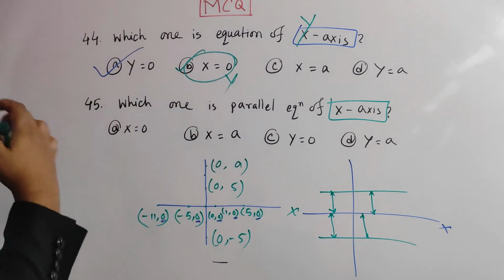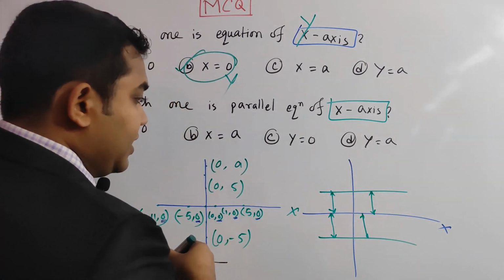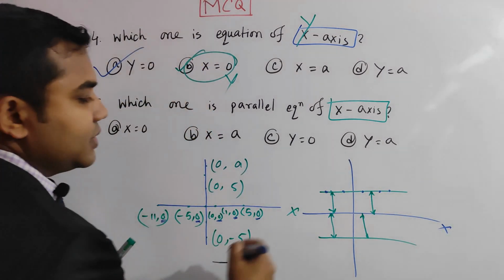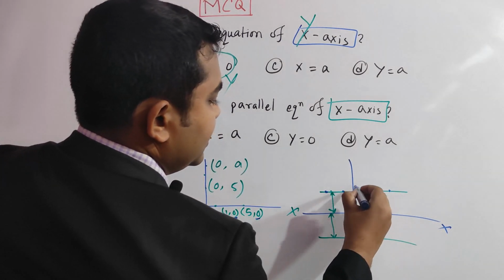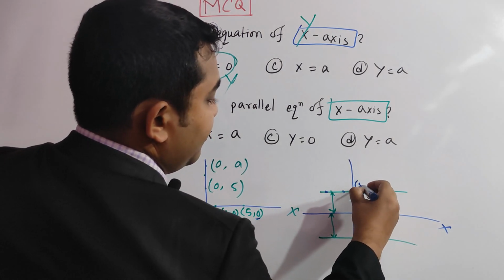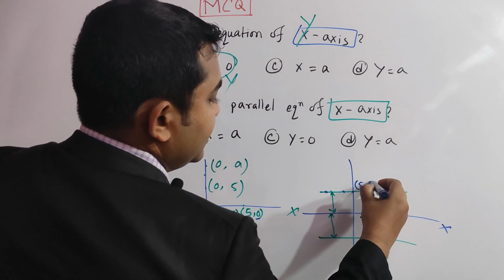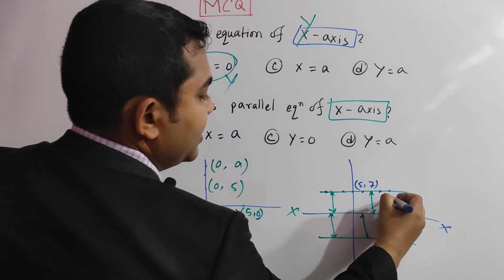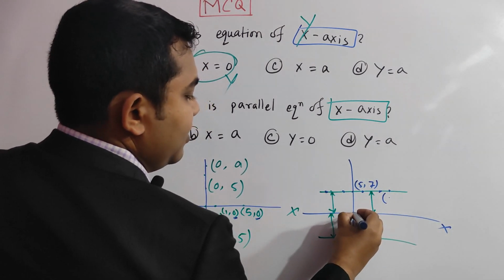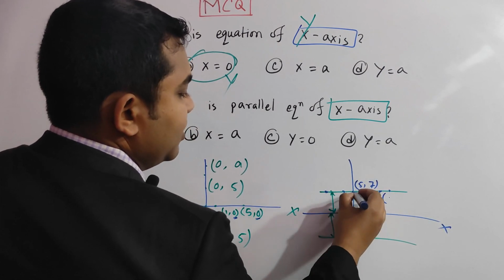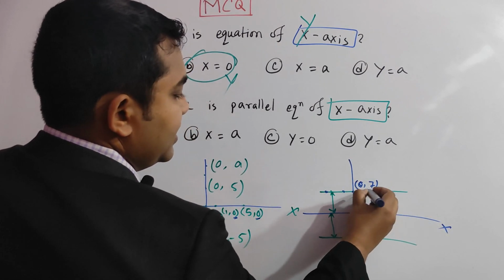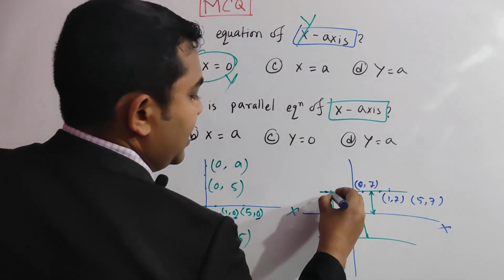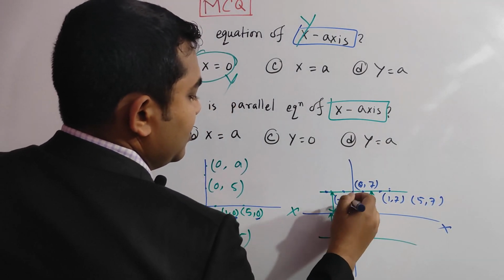Okay, so here if we are thinking of some point, say for example this is the point where it is 5 and 7. If it is 7, then this is 0 7, then it is 1 7, here it is 5 7, here it is 9 7, minus 9 7.